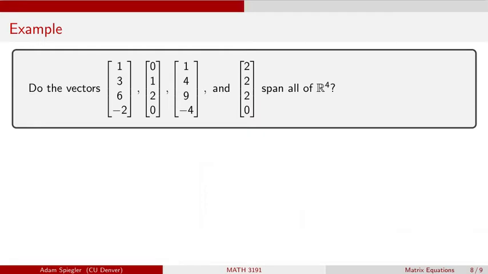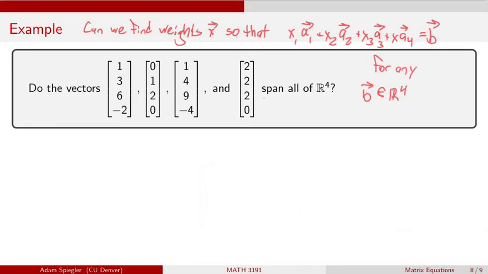And we want to know, does the span of these four vectors span all of R4? That is equivalent to asking, given any vector b in R4, is it possible that we can find a linear combination of vectors a1, a2, a3, and a4 so that we can get vector b?